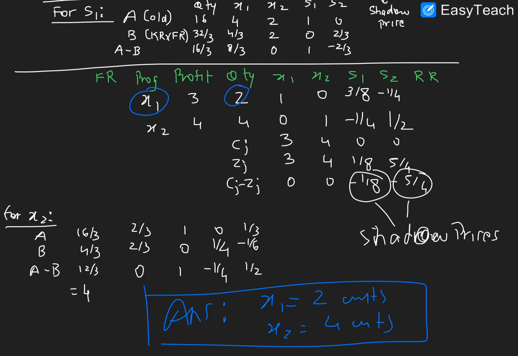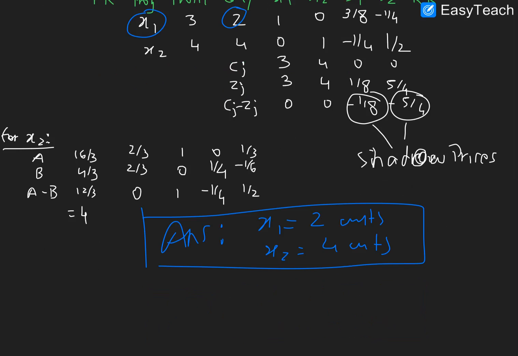That is our final answer, where we say 2 units of x1 and 4 units of x2 need to be produced, and the profit that we are going to get is 3 into 2 plus 4 into 4, because 3 rupees is the profit on x1, 4 rupees is the profit on x2. So the total profit that we have is 22.